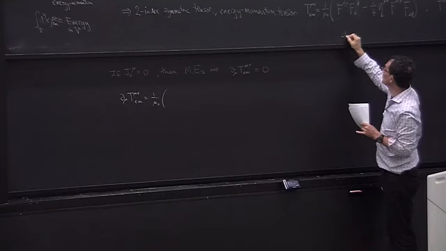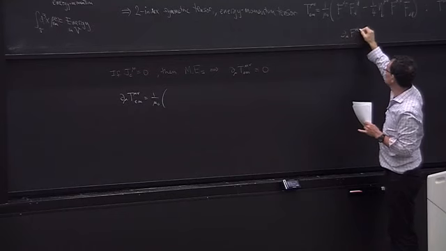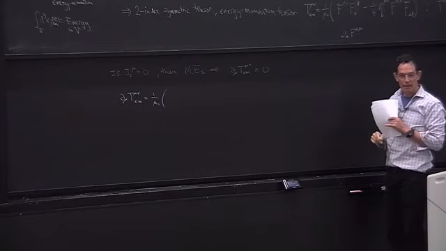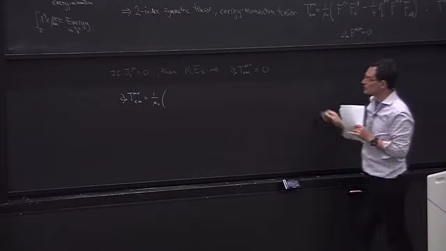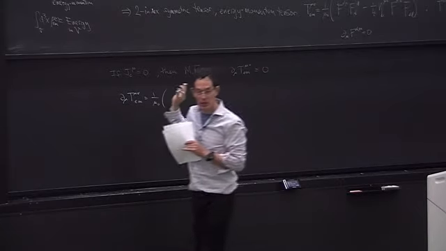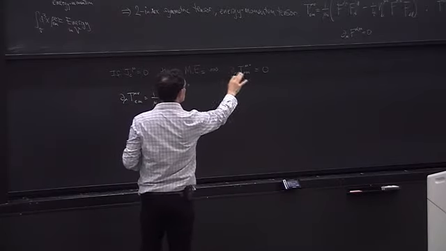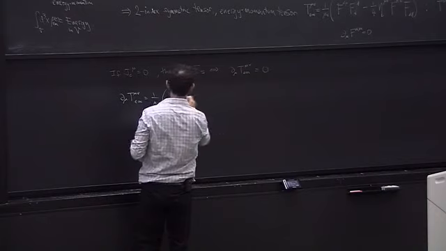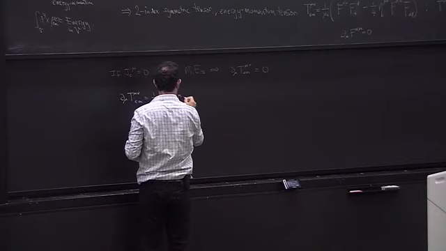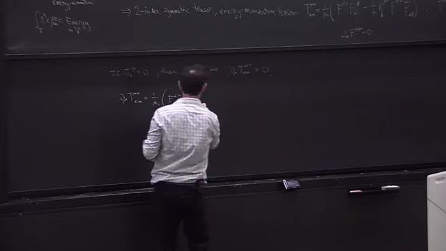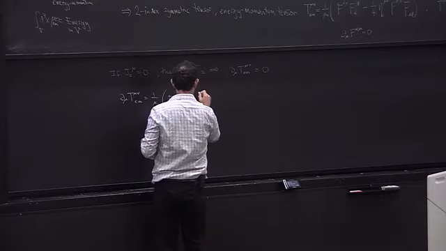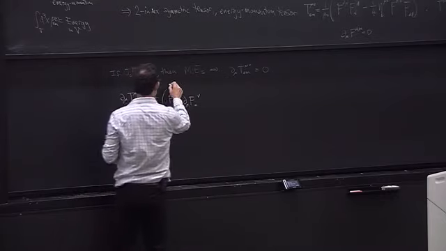There's no source, right? So this is 0. Good. So I've used the first Maxwell equation, right? So using the first Maxwell equation, the first term becomes F alpha mu d mu F alpha nu. Right? This is using 1.